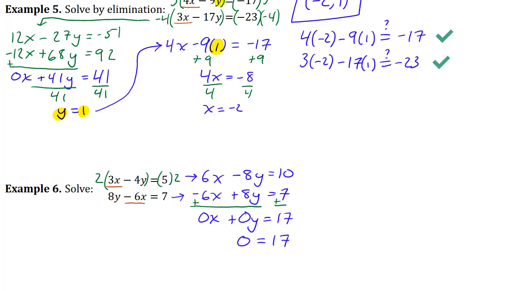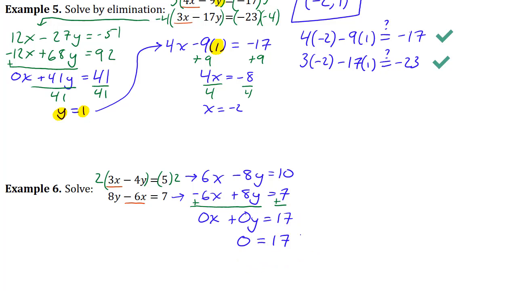And to solve this equation, we want to know what value of x and y makes both of these equations true. But because these are all operations that lead you to equivalent equations, it would also make this one true. So we want values of x and y that make 0 equal to 17.